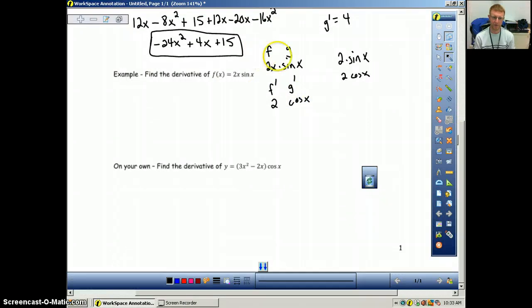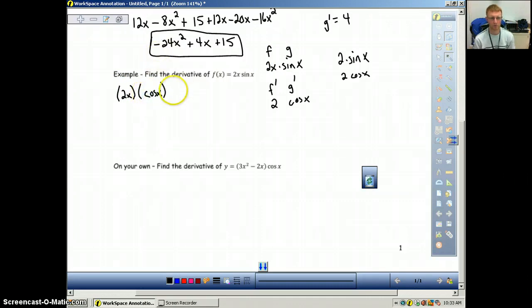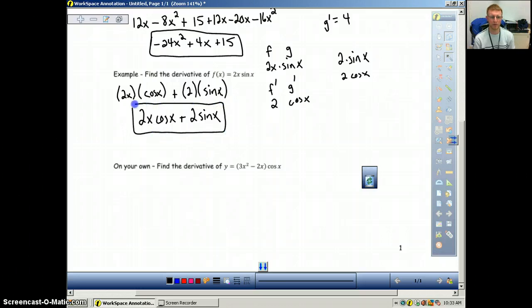Again, we're going to do f times g prime, so it's going to be 2x times the cosine of x plus, and now we do our g times our f prime. So 2 times the sine of x. So we just end up with 2x cosine of x plus 2 sine of x. And that's it. So don't make this too complicated.